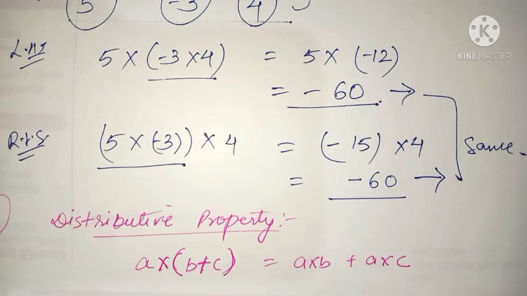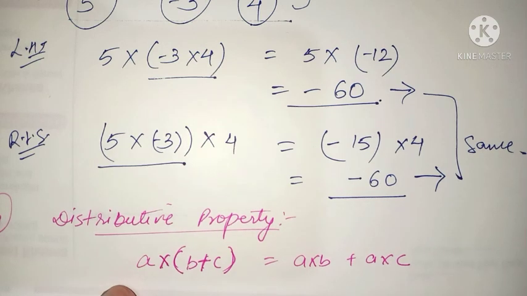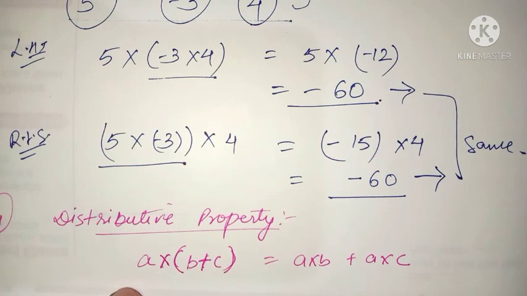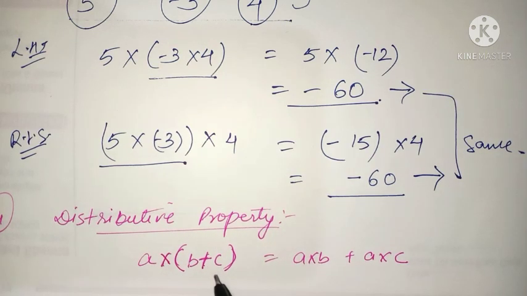According to the distributive property, in integers this property holds. This says that multiplication is distributive over addition. Why? Because this multiplication is outside and this addition is inside.